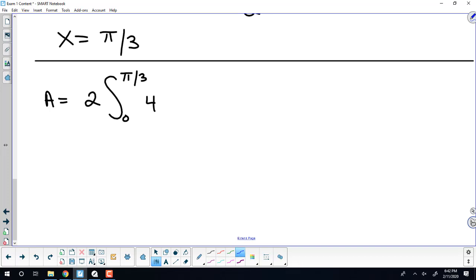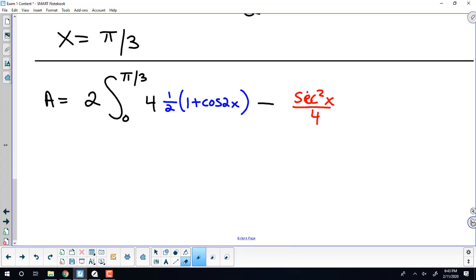So we're just gonna write cosine squared as 1/2 times 1 plus cosine 2x. Minus, we'll just leave this one, that was secant squared 4x. So then we would break it up. This 2 times this 2 would have 4.